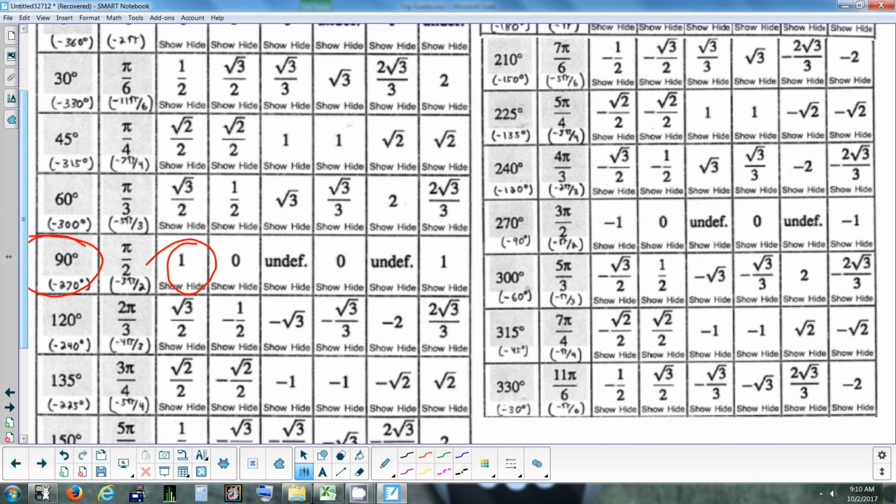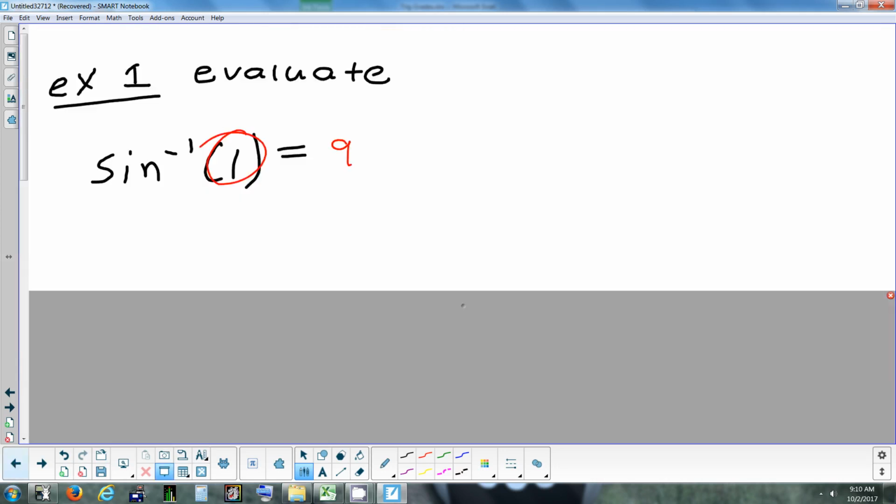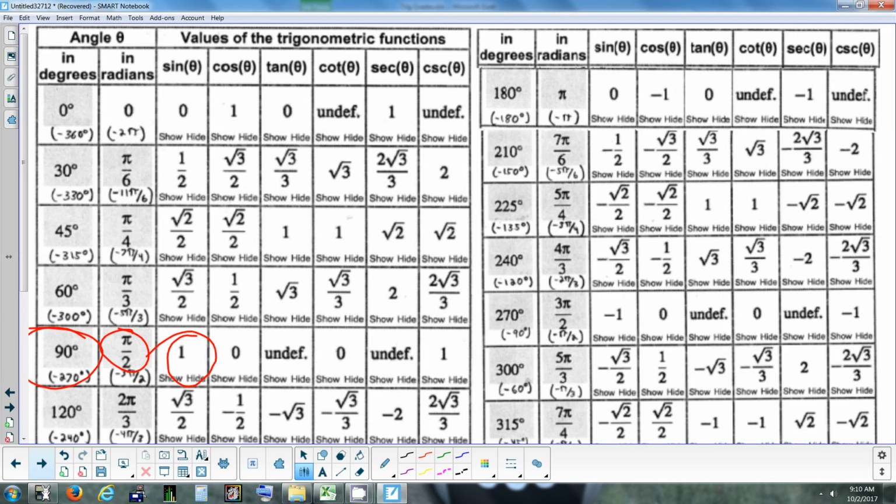Should I write down the 90? Or should I write down negative 270? Technically, they're the same angle, but we all have to agree on the same answer. So which one are we going to agree on? 90. So that would be what you write down. Or you could also write down pi over 2.